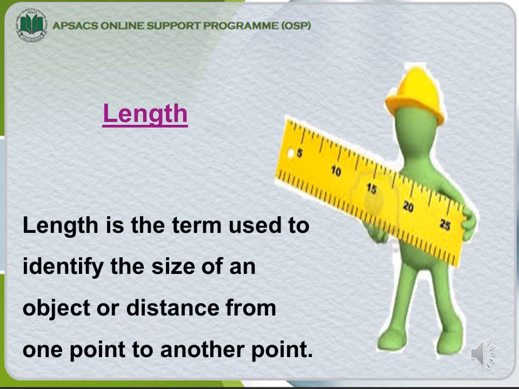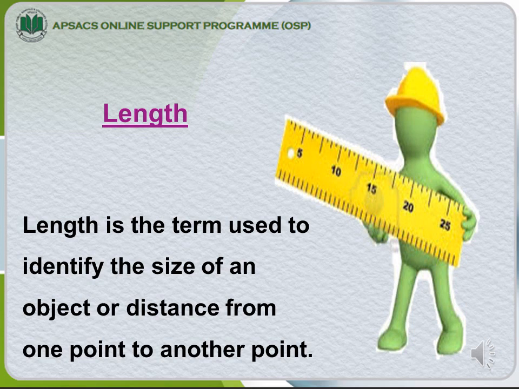Let's understand what length is and how to measure it. The word length is used to measure how long an object is. For example, the length of your room's floor, the length of the blackboard, or the length of the pencil.